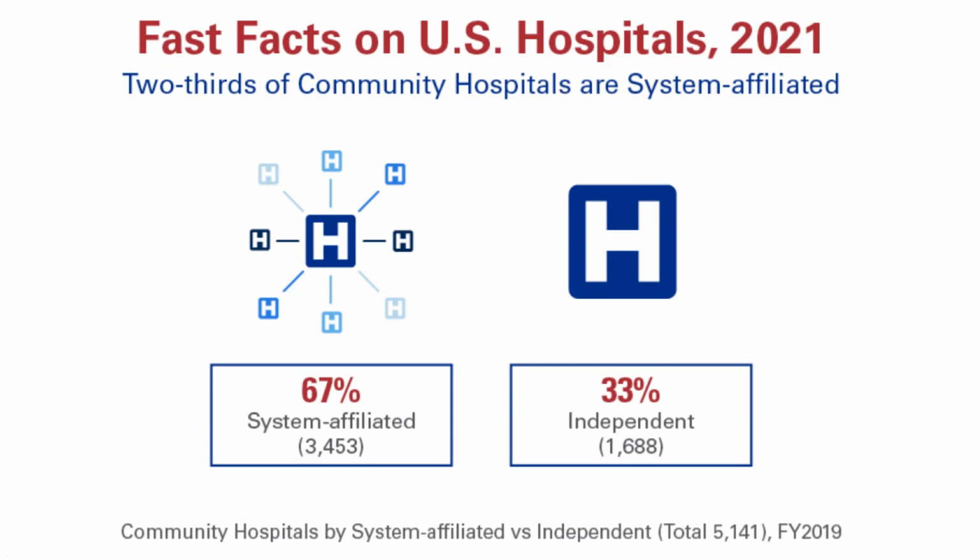I just mentioned Wentworth Douglas Hospital, which is a not-for-profit hospital in Dover. It became part of the Mass General Brigham system, I want to say in 2019, maybe 2020, somewhere around there. So it is no longer an independent entity. It is now part of a system.